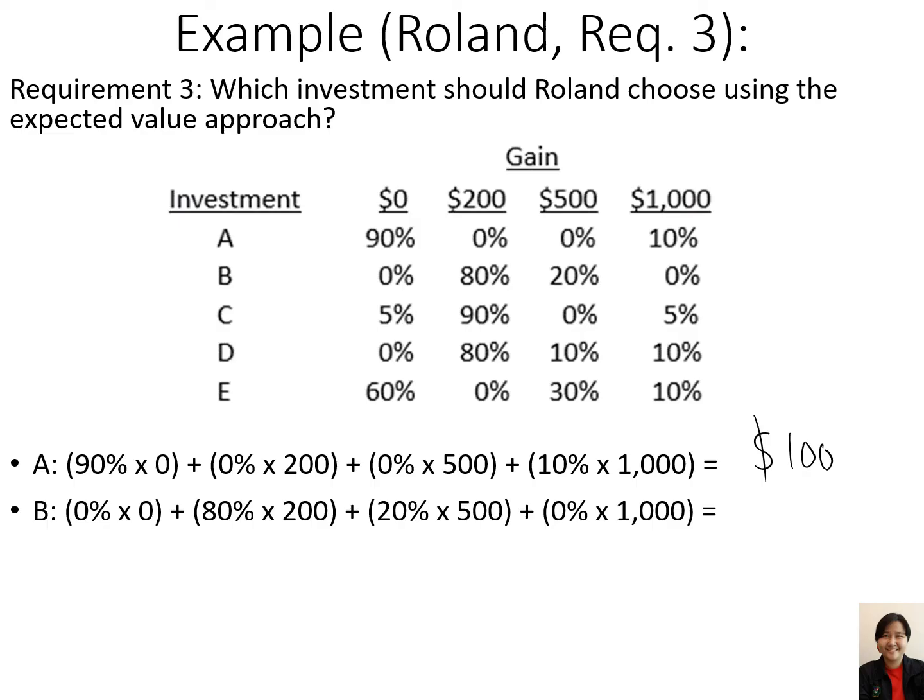For investment B, we have 0% times 0 plus 80% times 200 plus 20% times 500 plus 0% times 1,000, and that equals 260.